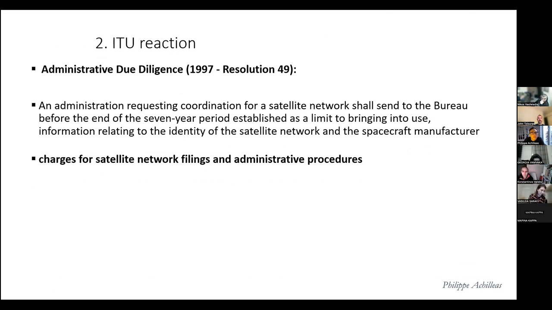If information is not sent after a period of 7 years, then the ITU will stop the procedure and will delete the information registered. In addition to that, now states have to pay fees for satellite network filings at ITU. Well, it's not that expensive, but still it costs money now to present a file at ITU.